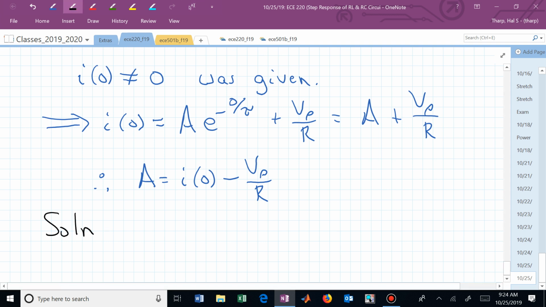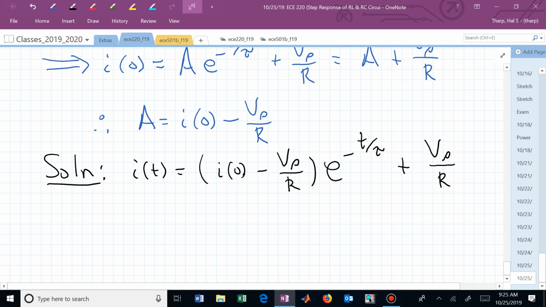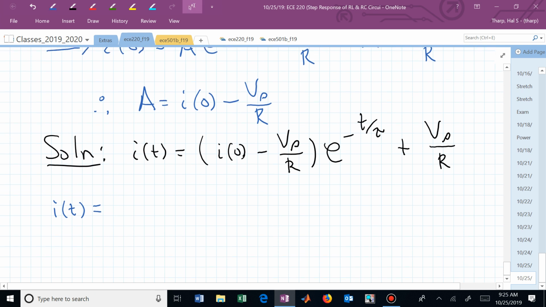Giving us our solution, complete solution that we want. I of t is now A, which is I of 0 minus v sub s over R. That's A times our exponential structure, e to the minus t over tau plus the particular, which is plus v sub s over R. And we're going to just rearrange those, just exchange the order of the sum on the right so that we can use that acronym to remember how the structure of this looks.